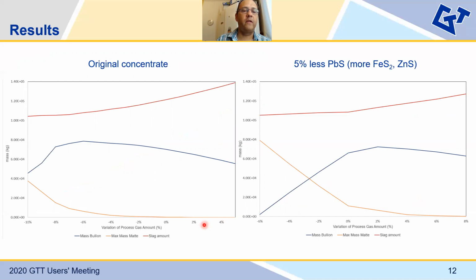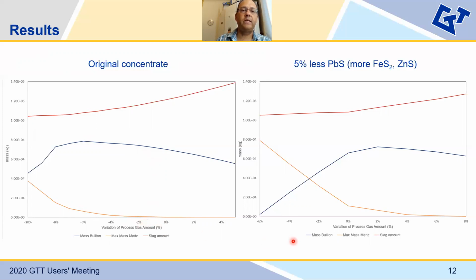It's interesting to notice what happens when we increase or decrease the amount of process gas for the original situation with the original concentrate. You can see that by decreasing a little bit the amount of process gas, it's possible to increase the amount of bullion, but one must take care because the mat phase is also increasing, which may lead to instabilities of the process.